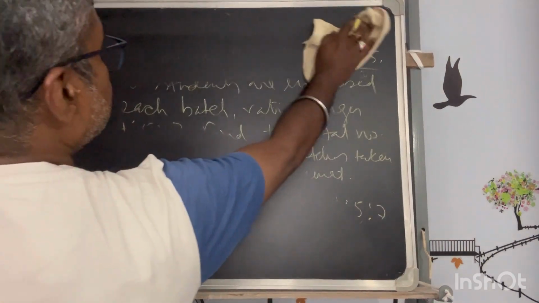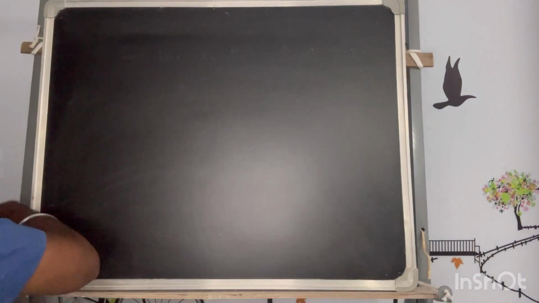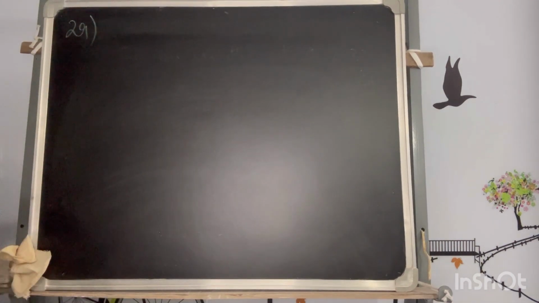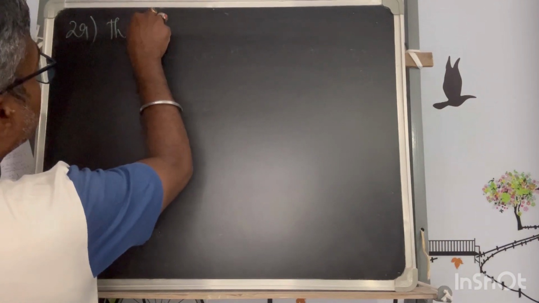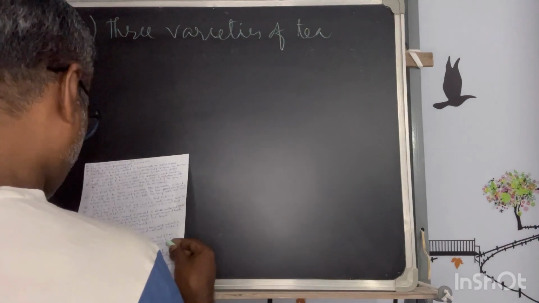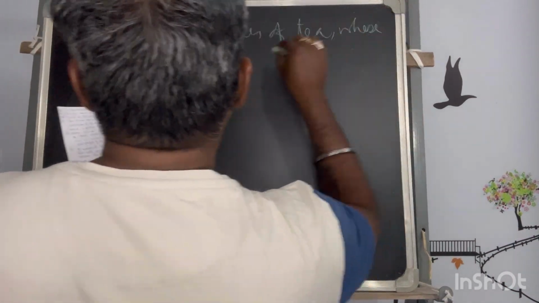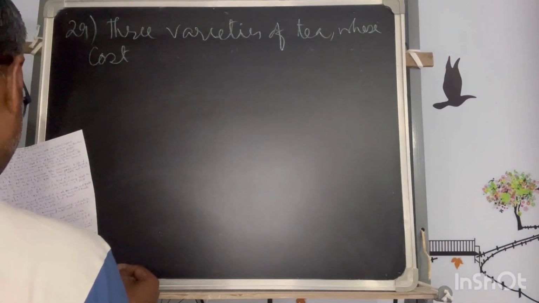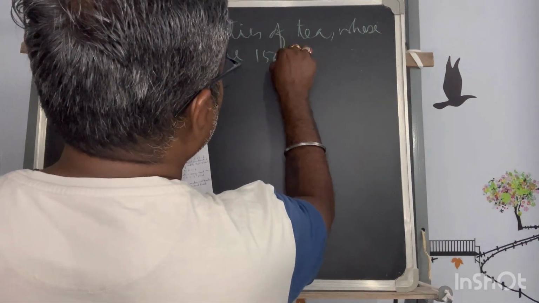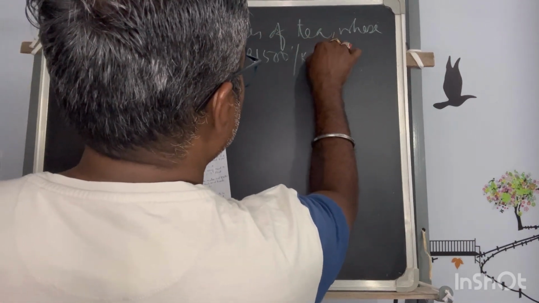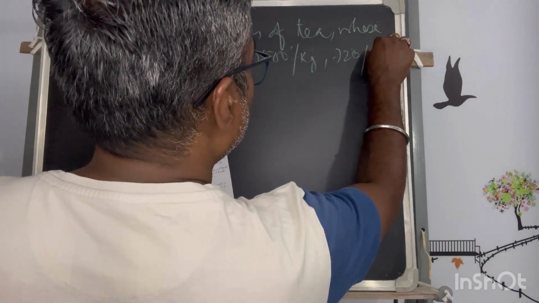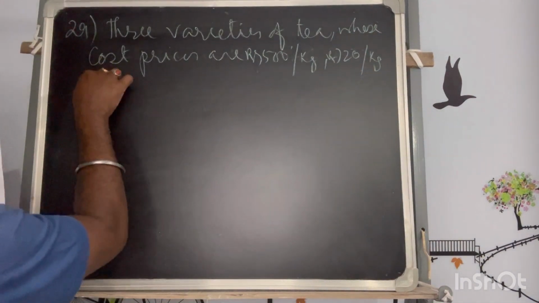The next is 29. Three varieties of tea whose cost prices are rupees 500 per kg, 720 per kg, and rupees 900 per kg.